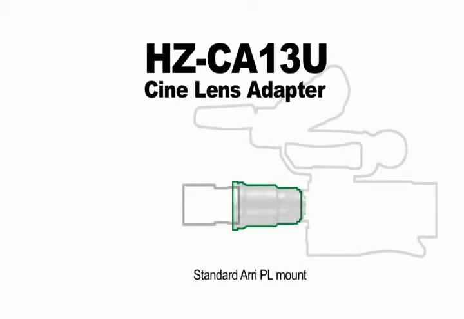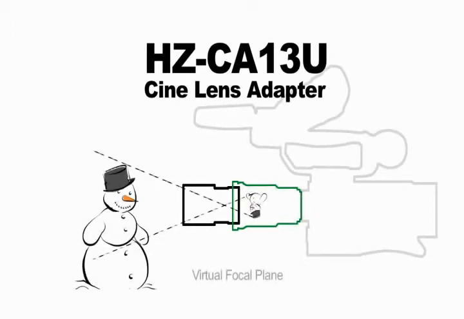Cine lenses, attached to the industry standard PL mount, focus an aerial image on a virtual focal plane at the standard 52mm flange distance, maintaining the angle of view and circle of confusion depth of field characteristics of 16mm film. 11 optical elements in the adapter then reduce the size of the image down to 1/3 inch CCD while compensating for the aberrations of the color prism in the camera.